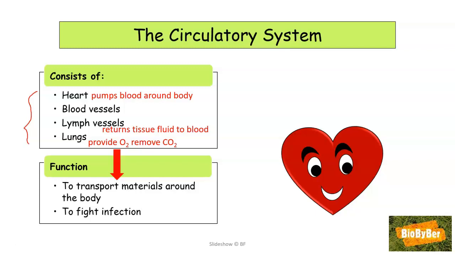Therefore, we are illustrating or exemplifying the definition of an organ system because the circulatory system consists of these organs: the heart, the blood vessels, the lymph vessels, and the lungs, working together to carry out one or more functions: the function of transport and the function of fighting infection.